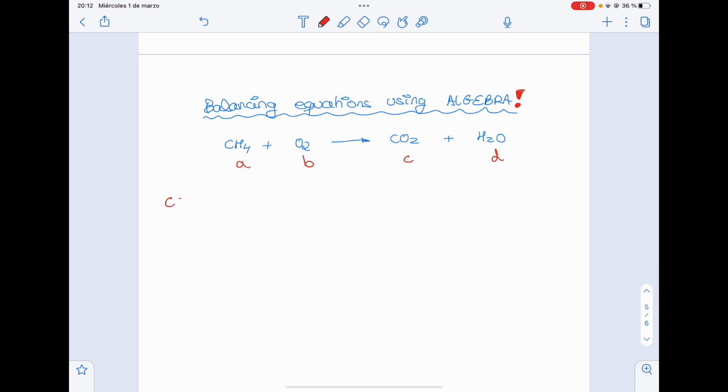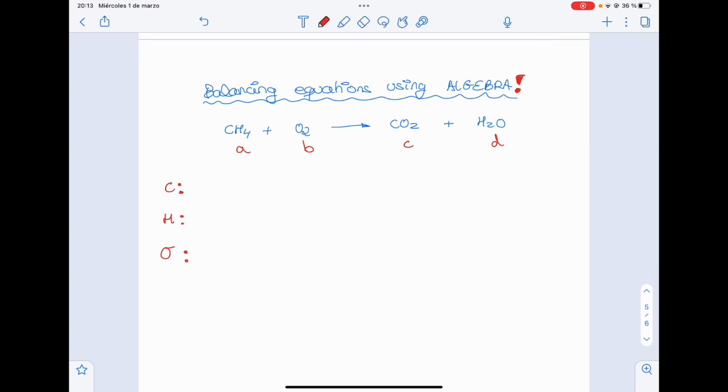Now you have to write how many types of atoms you have. So you have carbon, hydrogen, and oxygen. Okay, so in the compound A, I have 1 carbon and 4 hydrogens. So I'm going to put 1 carbon, okay?